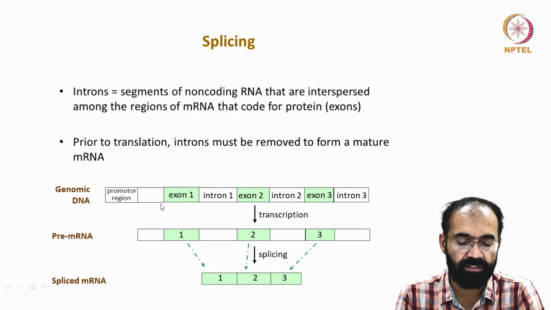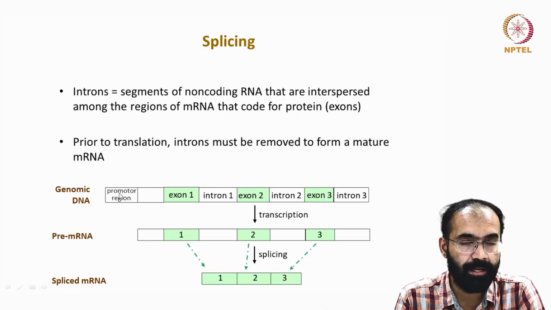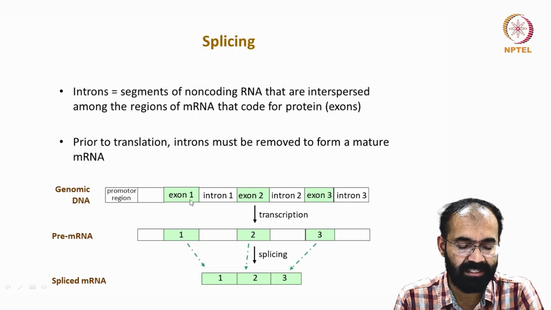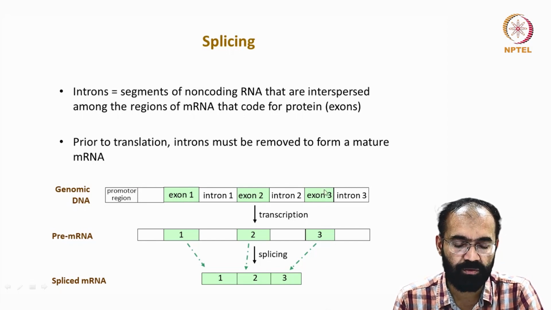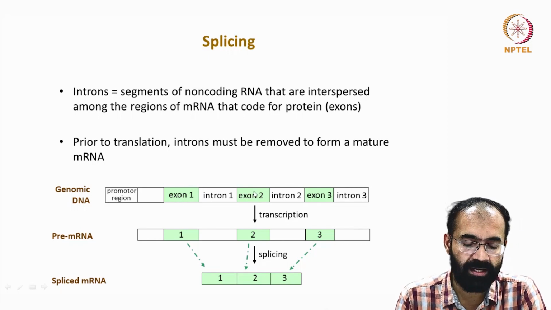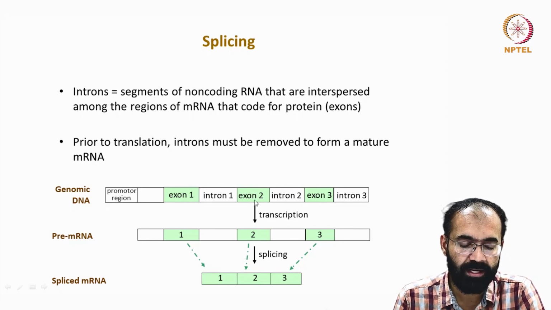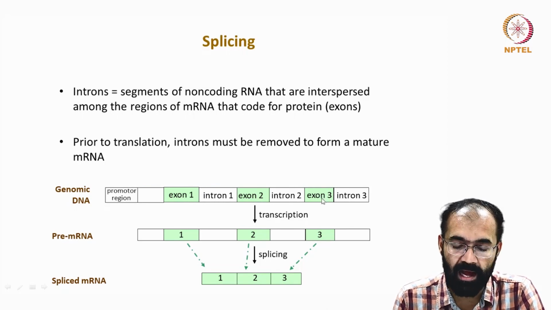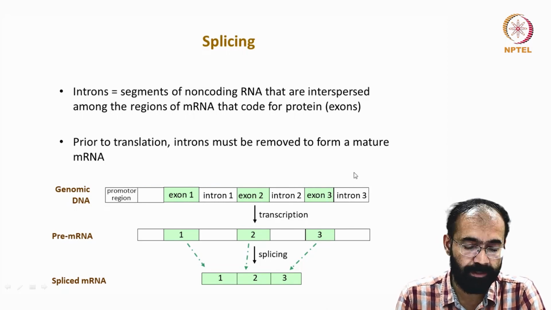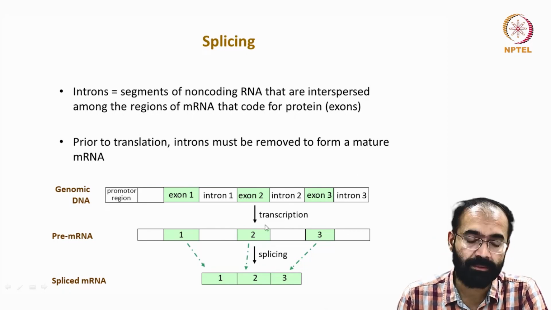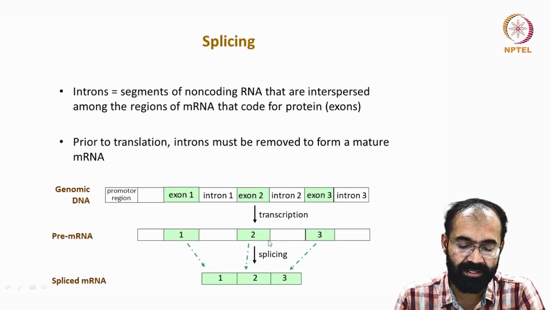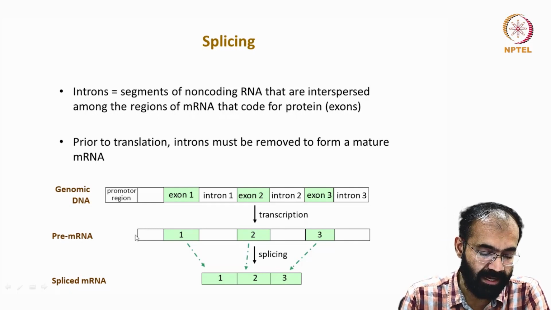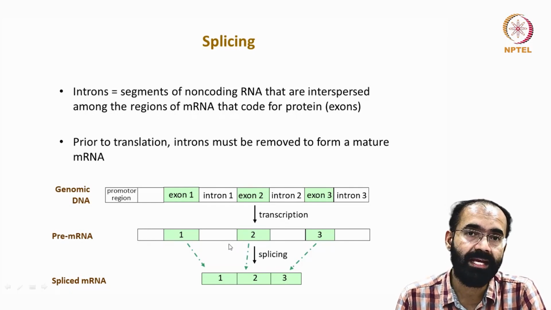Let us look into this cartoon. Genomic DNA has a promoter region and some untranslated region, and then exon 1, exon 2, exon 3. In between exon 1 and exon 2, you have intron 1. In between exon 2 and exon 3, you have intron 2. And after exon 3, you have intron 3. During transcription, all these exons and introns are present in the RNA, and we call it pre-mRNA.